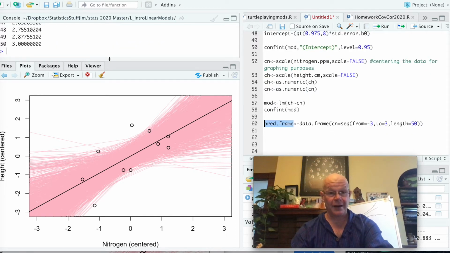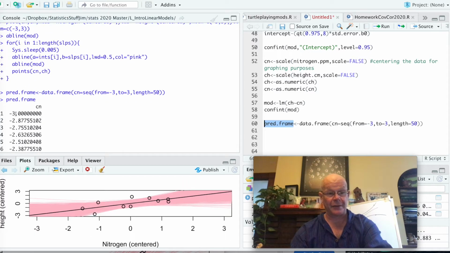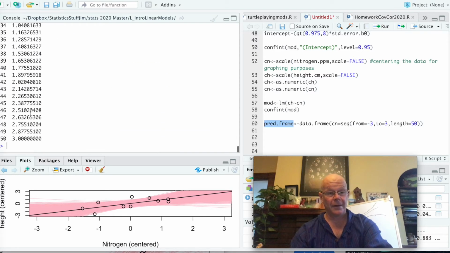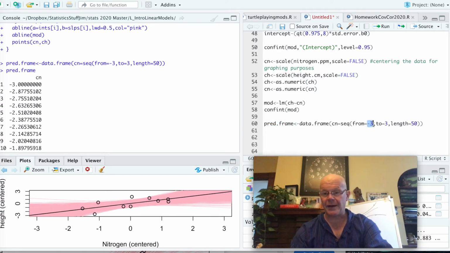And so what I've done is I've created a data frame that goes all the way from -3 nitrogen, so way out here, to +3. And all I've done is make a sequence from -3 to +3, and I've come up with 50 different values.